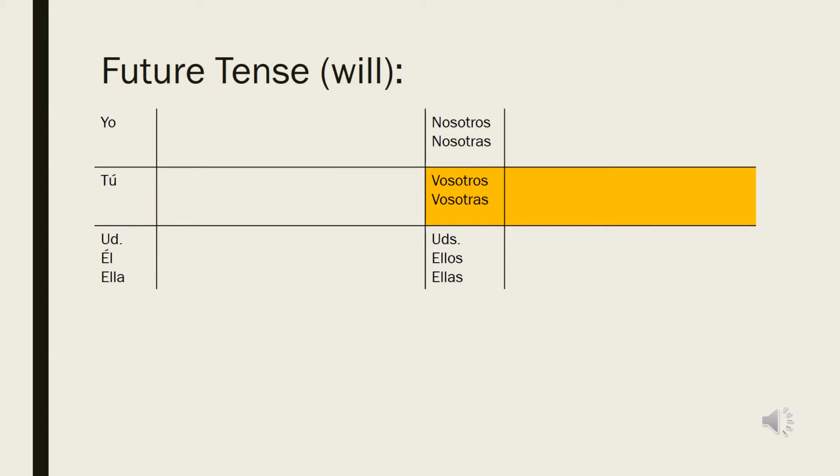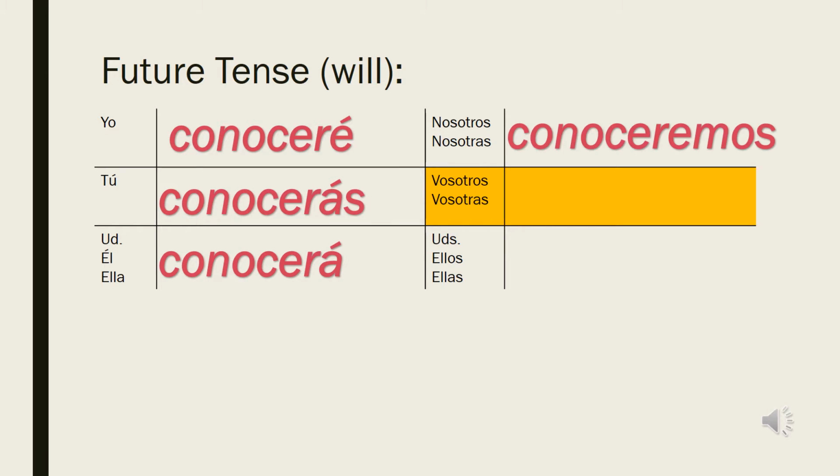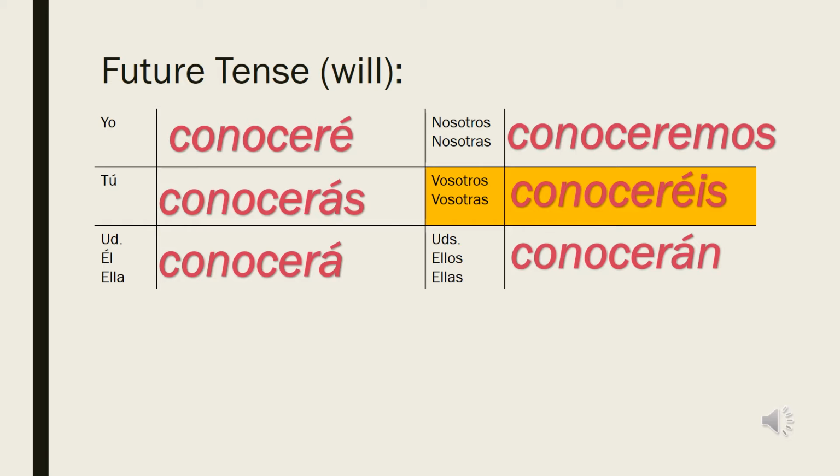So the future tense of conocer is how you say you will know someone or you will become familiar with a place. So the yo form is conoceré, tú conocerás, usted, él, ella conocerá, nosotros conoceremos, vosotros conoceréis, and ustedes, ellos, ellas conocerán.